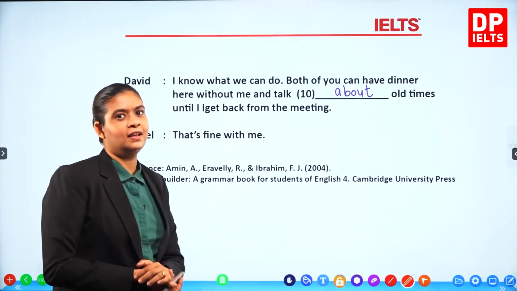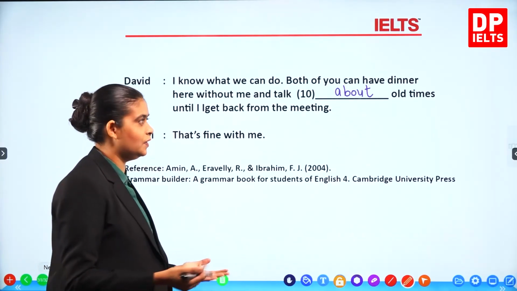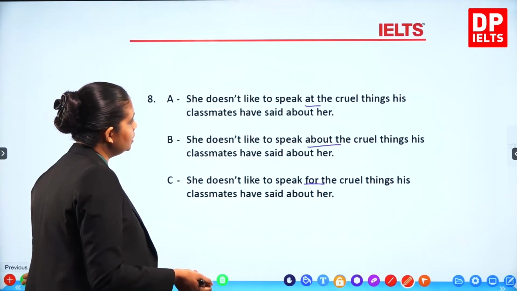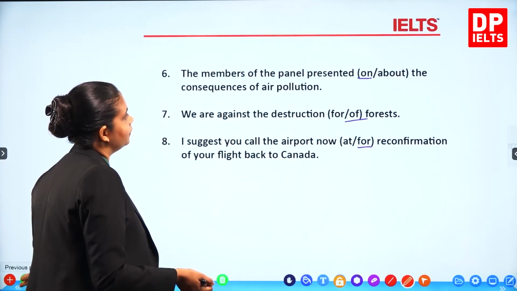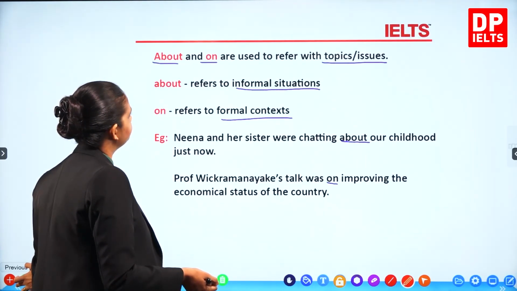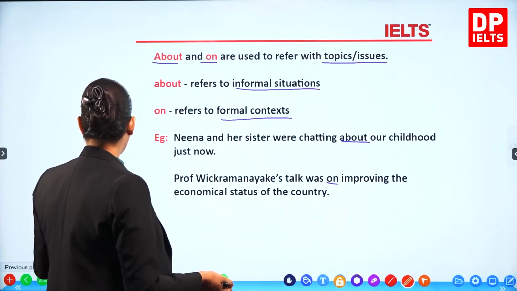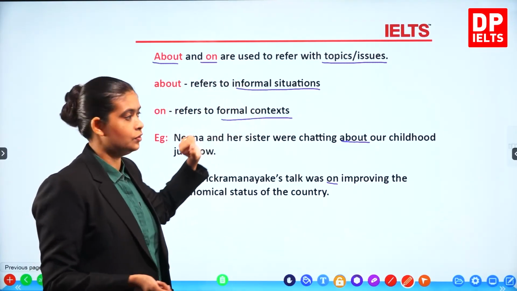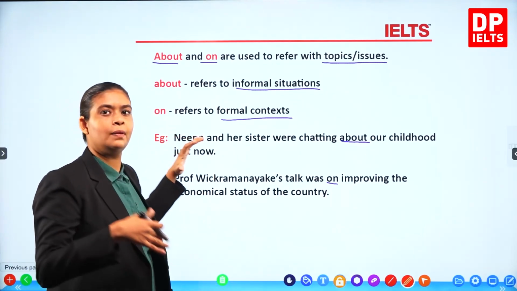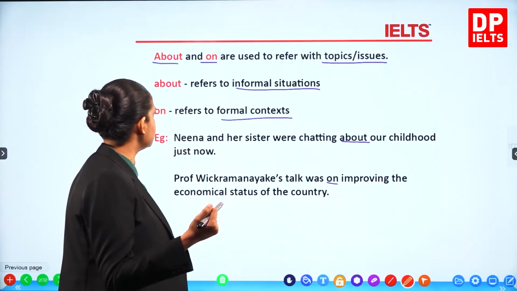Now, I think we've had a long lesson on that as well, right? And I hope you've understood the use of different prepositions, right? This can be a bit tough. So we've had a look at on and about, the two prepositions. We knew that about was to talk about informal situations.